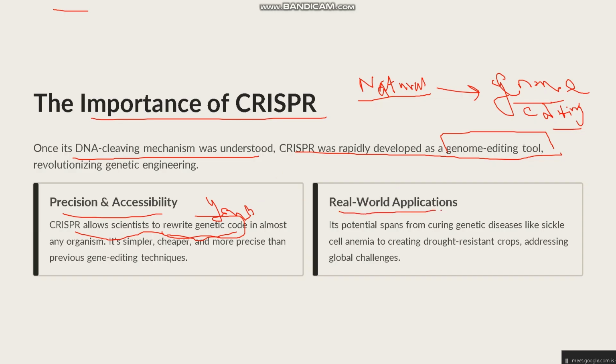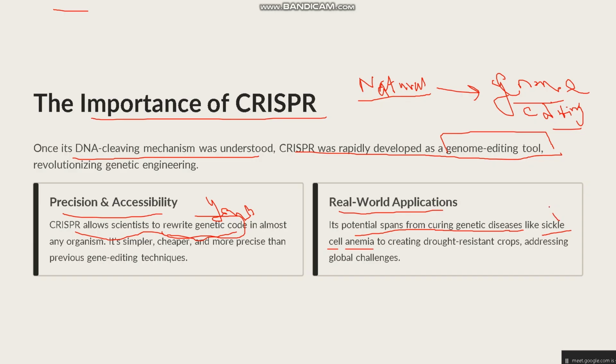Now the real world applications of CRISPR. Its potential spans from curing the genetic diseases present in the world today, like sickle cell anemia.